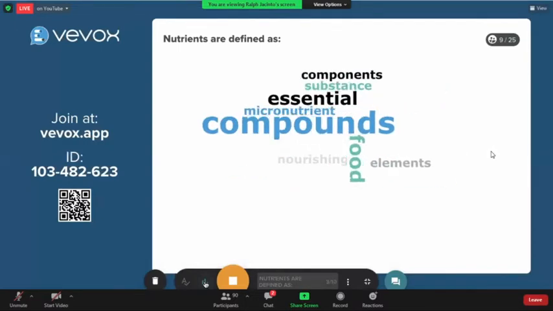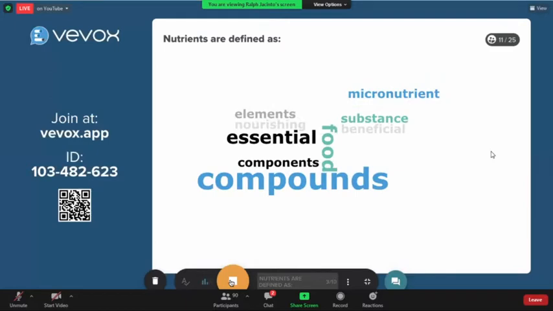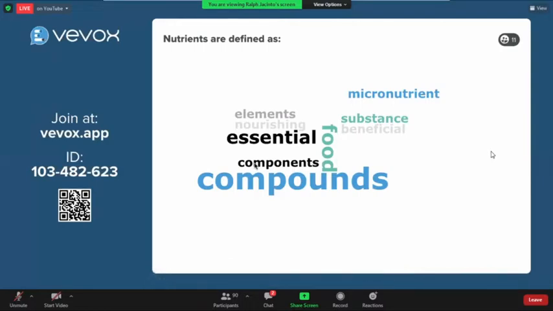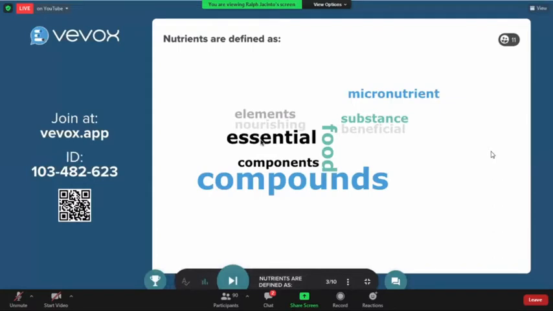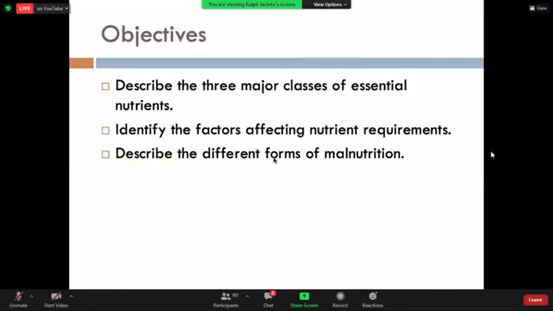Okay, so I got the words that are somewhat important. So I'll close this one already. I think the more important terms here would be coming from the food, the word essential, components, and beneficial. Okay. So let's look at the definition of your nutrients.